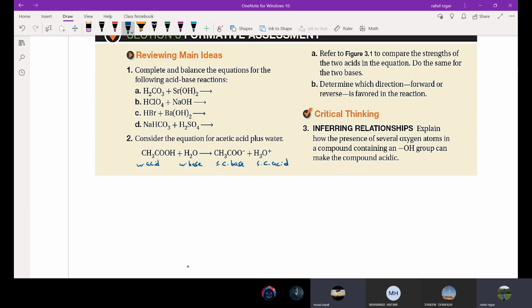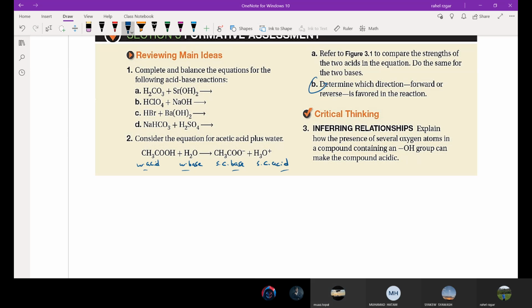So I have solved the A. This is A. Weak acid, weak base, strong. What about B? It will be to the left. Why? Because the stronger side will react more efficiently.